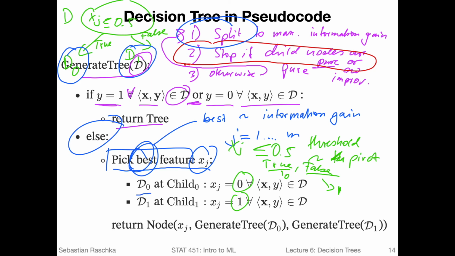So here we have D0 at child node 0 and D1 at child node 1, where D0 are all the training examples at that node that have this certain criterion, and the other ones are the ones at the other node. So this is just a sketch of a recursion, how we can write a decision tree in pseudocode, and in the homework we will implement that, where it will hopefully become a little bit more clear.